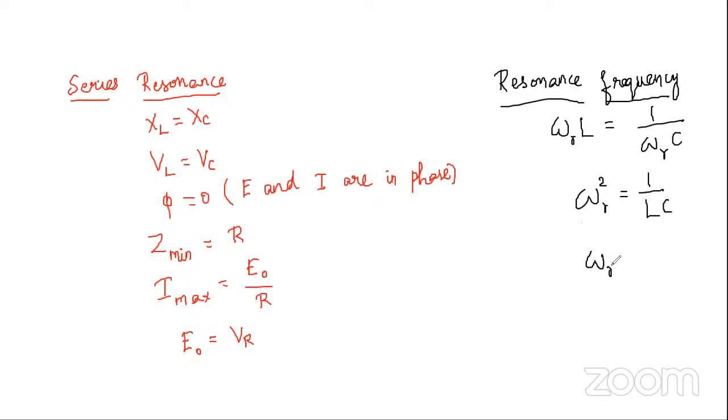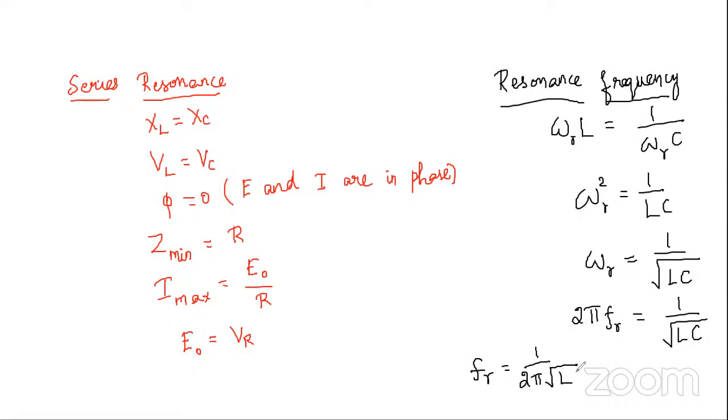Taking the square root, omega R is 1 by root of LC. And we know omega is nothing but 2 pi into F. So the resonance frequency Fr is equal to 1 by 2 pi into root of LC. This is the frequency. Do you understand this, students?